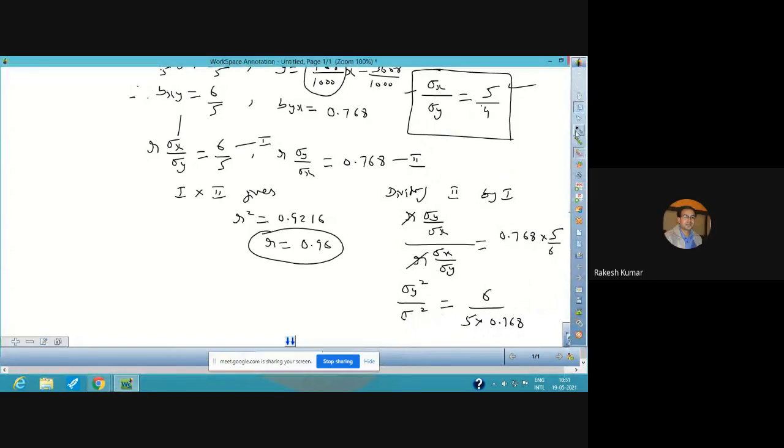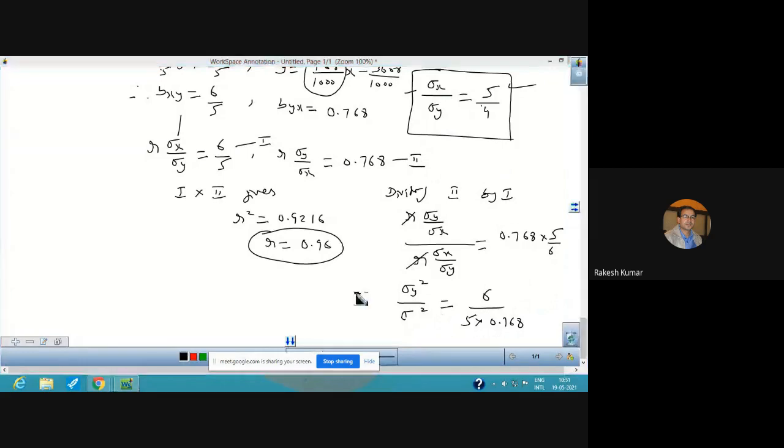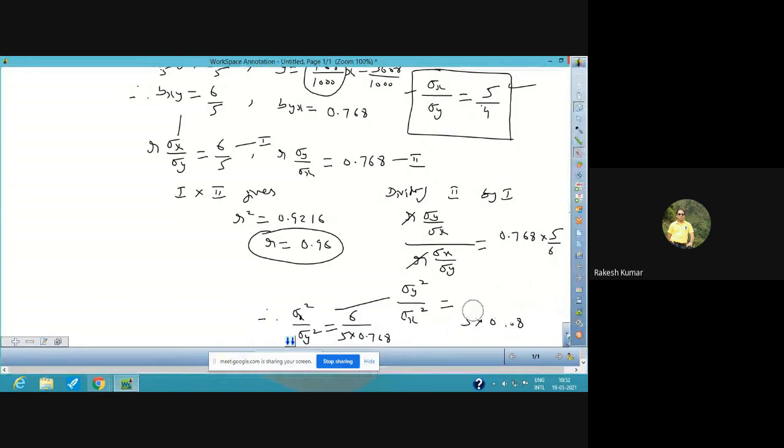So taking the inverse, you will have sigma x square over sigma y square, and that will come out to be 6 over 5 into 0.768. Please correct this, it was written by mistake. This is actually 6 upon 5 times 0.768 inverted, that is 5 into 0.768 upon 6. So when we take the inverse, you will have this value.